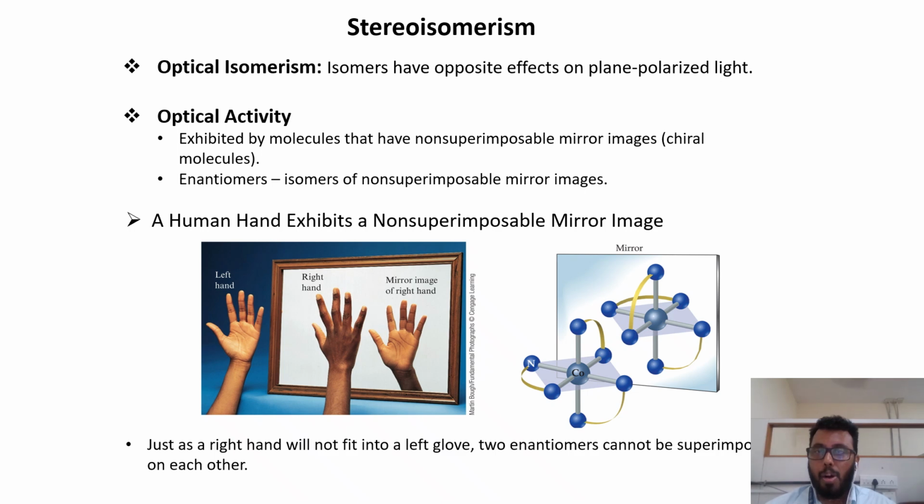So isomers have opposite effects on plane polarized light. As you know that when you see the light, it will be moving in all directions.